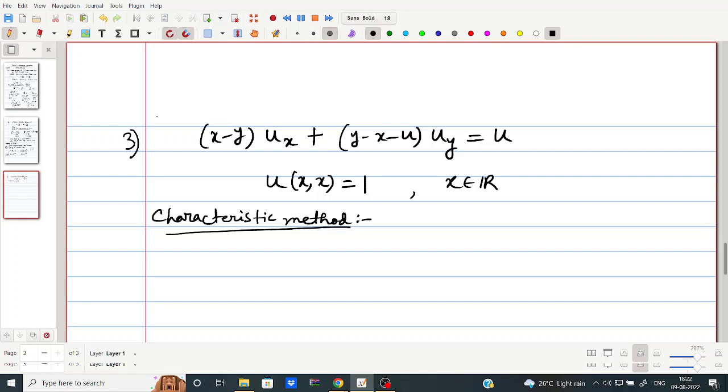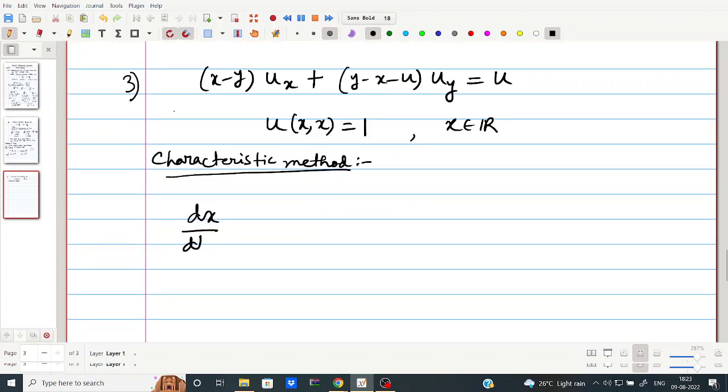The characteristic method says: what is dx/dt? dx/dt is the coefficient of u_x, that is x − y. dy/dt is the coefficient of u_y, y − x − u, and du/dt is the right-hand side, u.